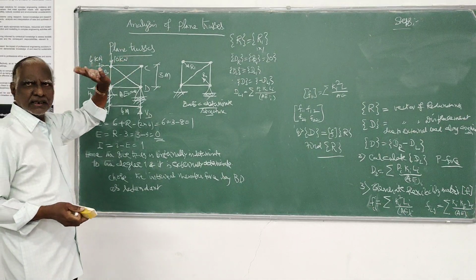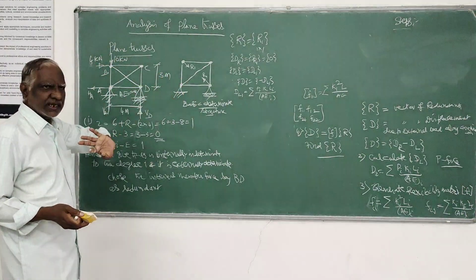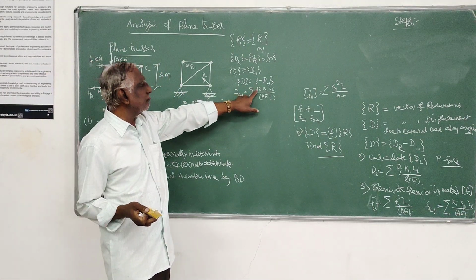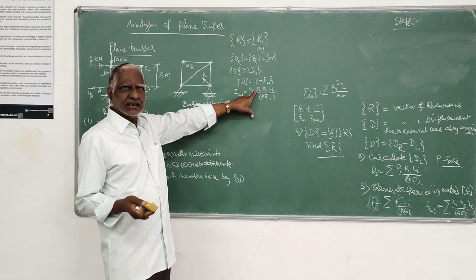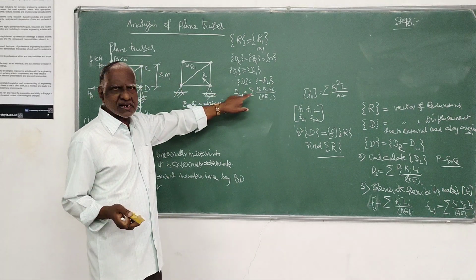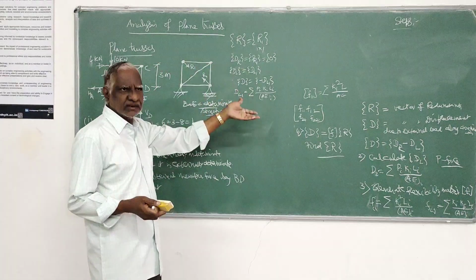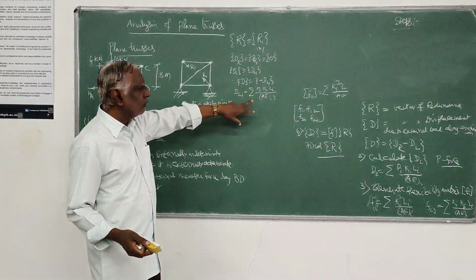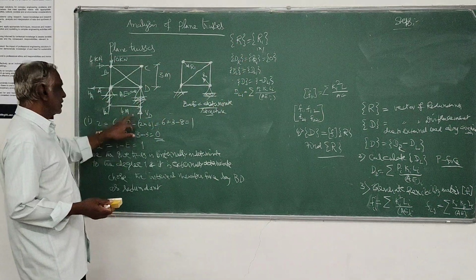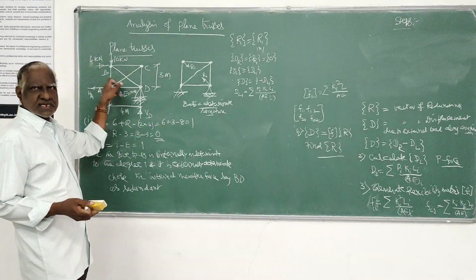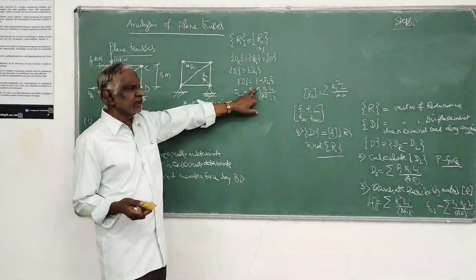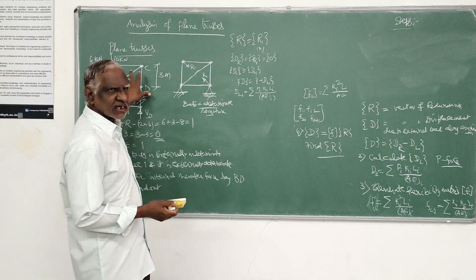For each member, if A is given, take the corresponding A. Here Pi is the force in all the members, I equal to 1 to m. If there are m number of members, 1 to m. Here 1 to 6, there are 6 members. We have to determine the forces due to the given external load.